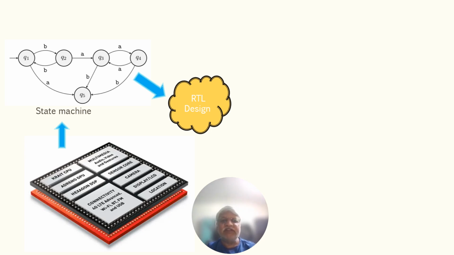So this design will have some hardware elements, some of which could be sequential elements and some could be combinatorial gates. The registers of the design are usually implemented as D flip-flops.